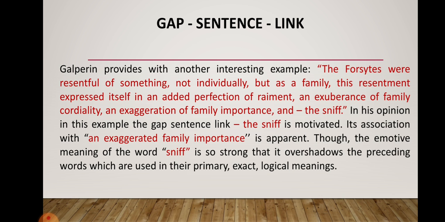In his opinion, in this example, the gap sentence link, "the sniff," is motivated. Its association with an exaggerated family importance is apparent, though the emotive meaning of the word "sniff" is so strong that it overshadows the preceding words, which are used in their primary, exact, logical meanings.